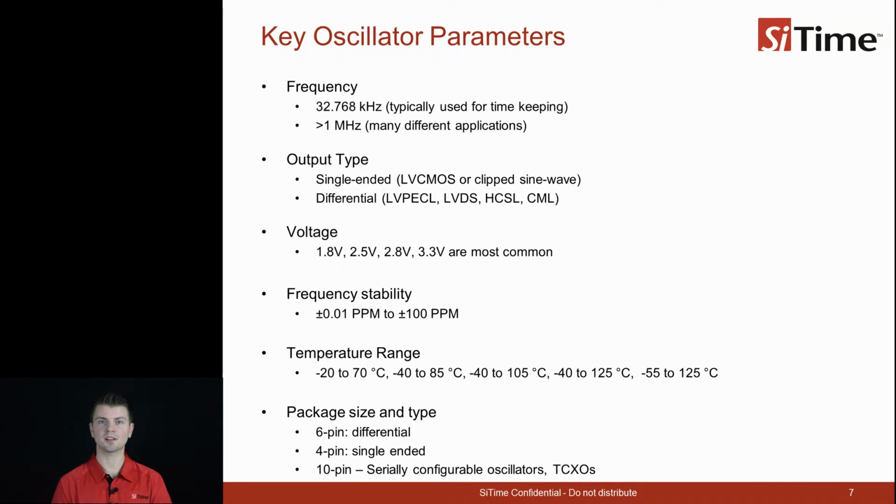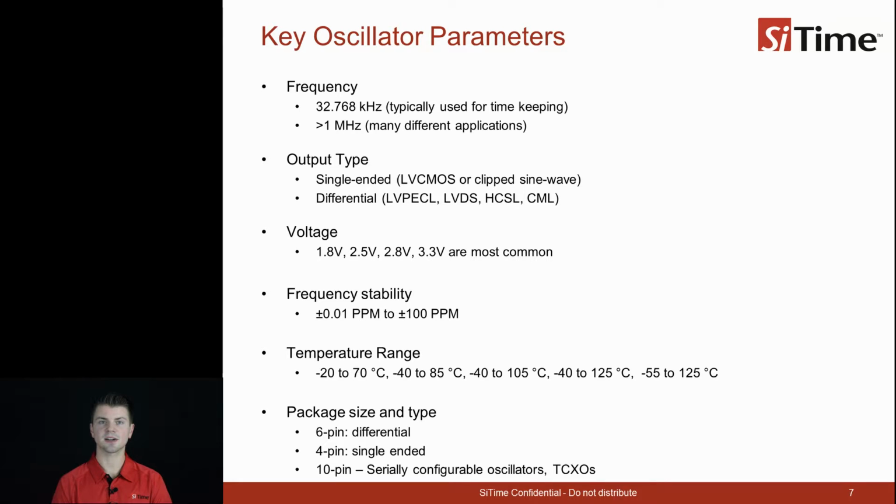For example, 156.25 MHz is the most often used reference clock frequency for 10 gigabit Ethernet, and the IEEE 802.3 Ethernet standard specifies a maximum frequency tolerance of plus or minus 100 parts per million for 10 gigabit Ethernet. Fibre Channel often uses 106.25 MHz or 212.5 MHz, depending on the serial data rate. There will be more discussion on frequency stability later.